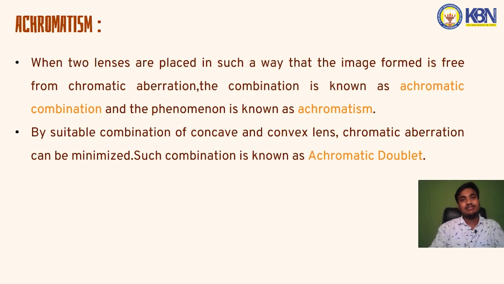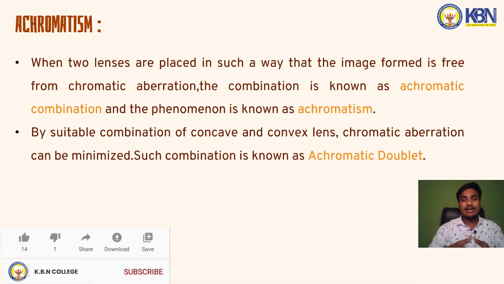Achromatism is when two lenses are placed in such a way that the image formed is free from chromatic aberration. Then this combination is known as an achromatic combination, and the phenomenon is known as achromatism.